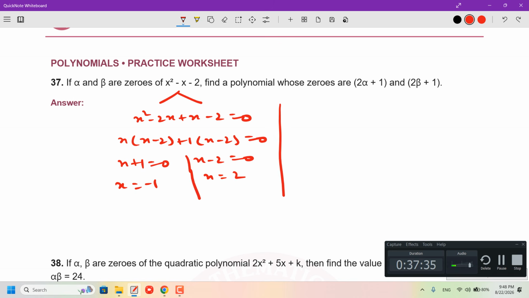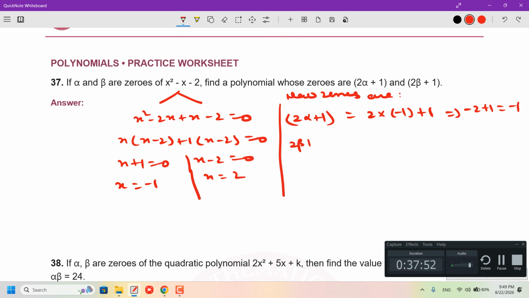Now new zeros are 2 alpha plus 1, that is 2 into minus 1 plus 1. So minus 2 plus 1 is minus 1, and 2 beta plus 1 is equals to 2 into 2 plus 1, that is 5.